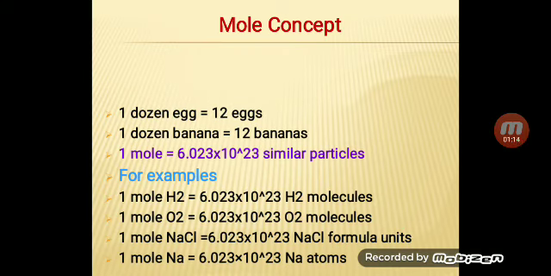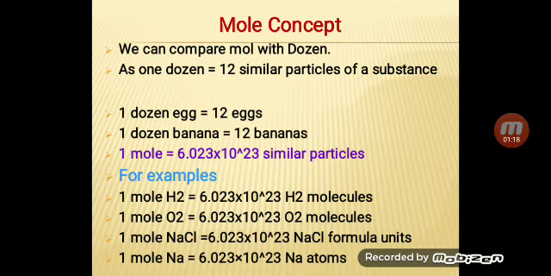Now mole concept. Mole can be compared with dozen, as 1 dozen is equal to 12 similar particles of substance. Similarly, 1 mole is equal to 6.023 × 10^23 similar particles.